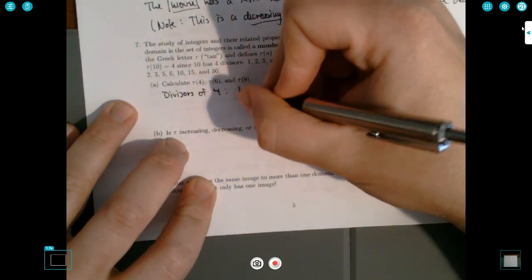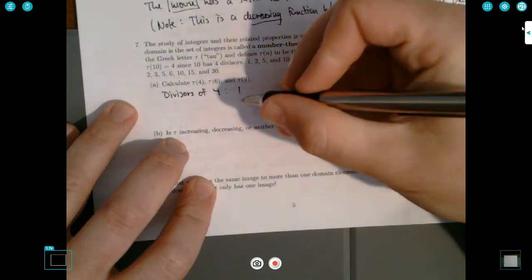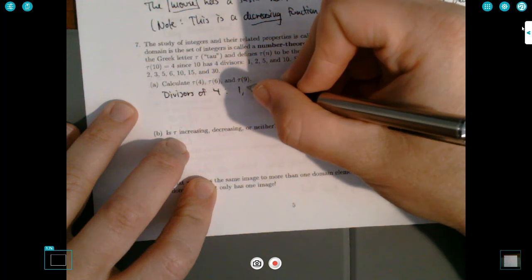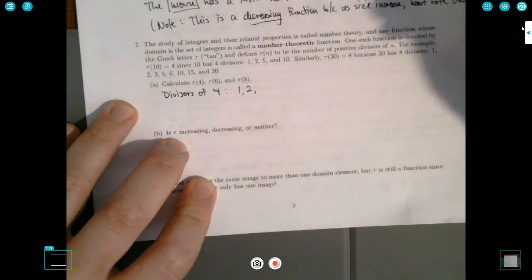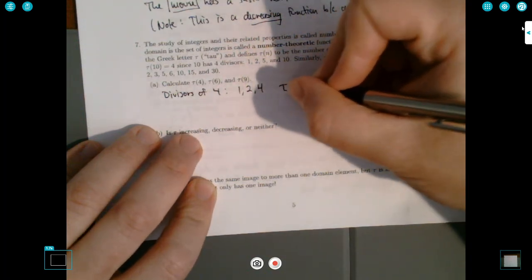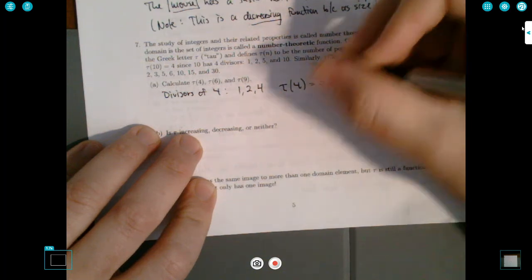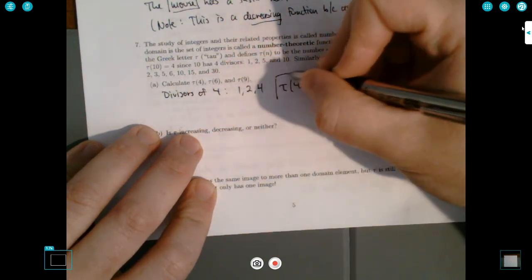Well, 1 goes into 4 a whole number of times, 4 times. 2 goes into 4. 3 doesn't go into 4, but 4 goes into itself. So the divisors of 4 are 1, 2, and 4. Therefore, tau of 4 equals 3, because there are 3 divisors of 4.